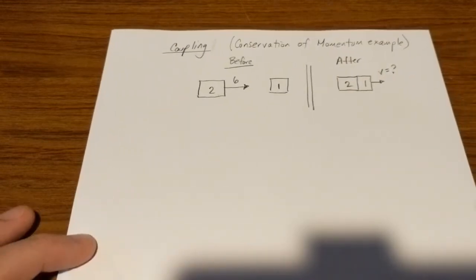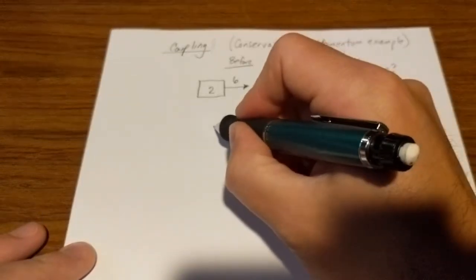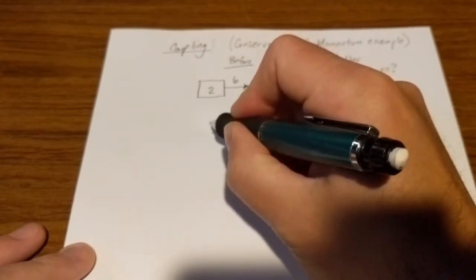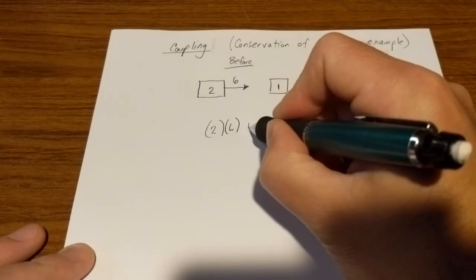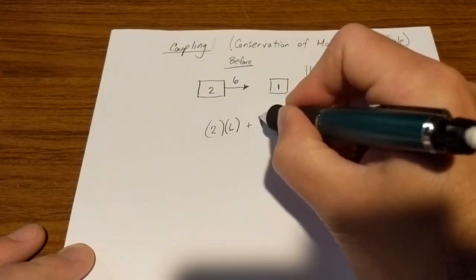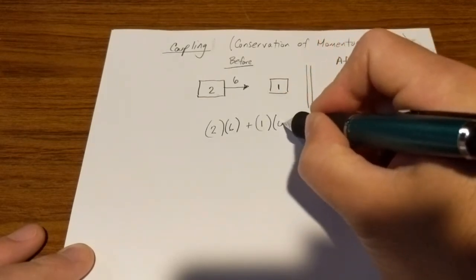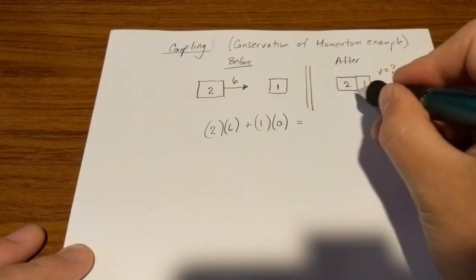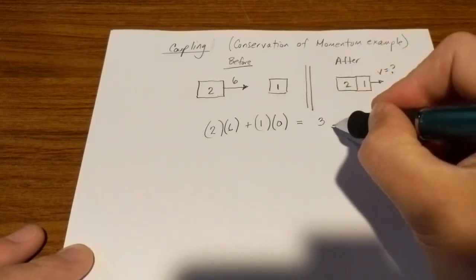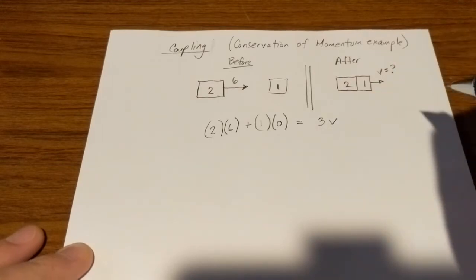Again, using conservation of momentum, we would say mass 1 times velocity 1 before plus mass 2 times velocity 2 before equals the combined masses, which is 3, times the velocity we're looking for.